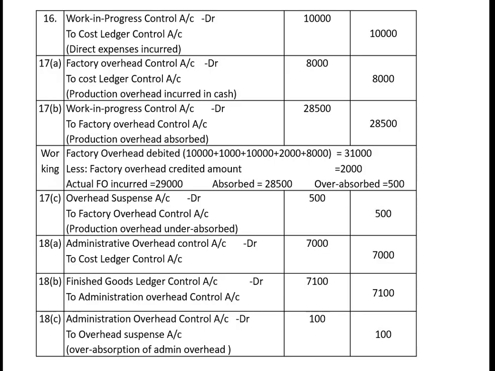Then entry number 17, factory overhead incurred in cash. Factory overhead means indirect expenses. We are not going to pass any entry with cash. So factory overhead control account debit to cost ledger control account. These are the indirect expenses.